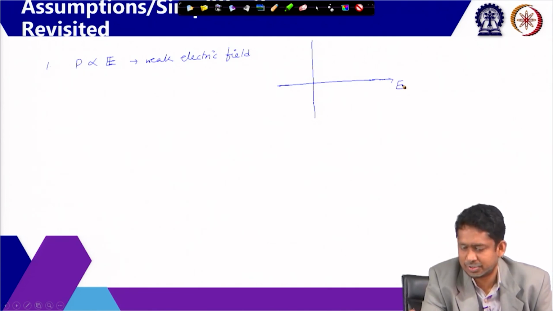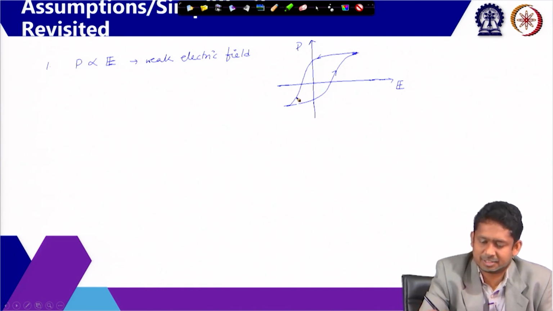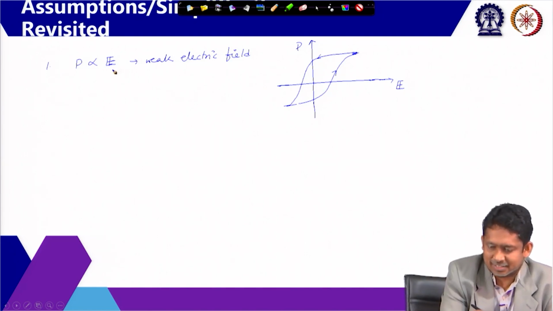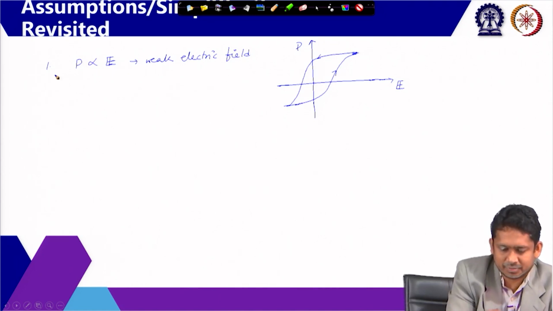So, if I want to plot electric field along this line and polarization along this line, this looks something like this. So, it is a path dependent phenomena. If I increase the electric field, it takes this path, when I reduce it, it takes this path. So, it is not such a simple relation when the electric field is strong.